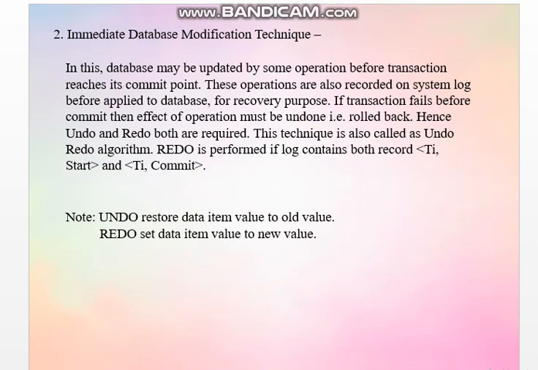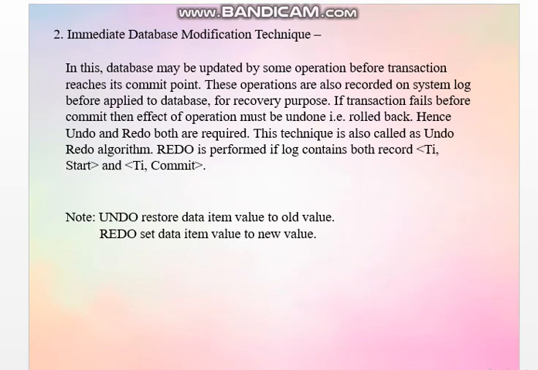In the immediate database modification method, suppose we have a number of transactions, T1 and T2. When transaction T1 is executing, all the write operations also get executed and the entry is made in the log file. If something happens and T1 fails, the failed transaction has to be recovered. Because the write operation already has its effect in the database item, the modification is already done.